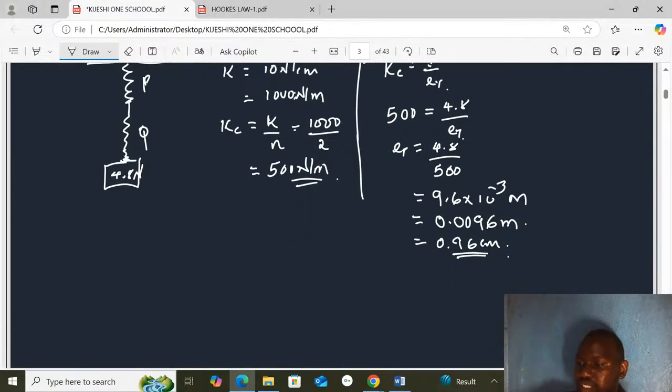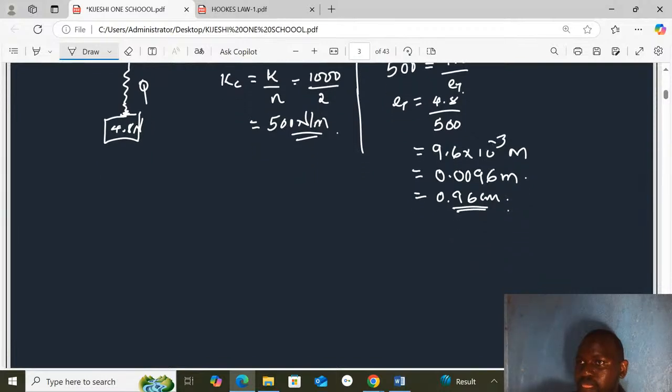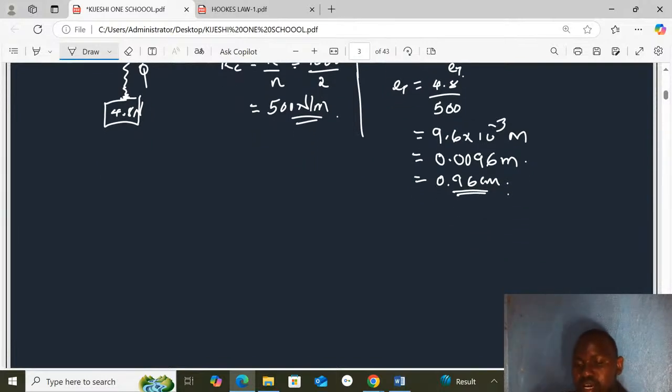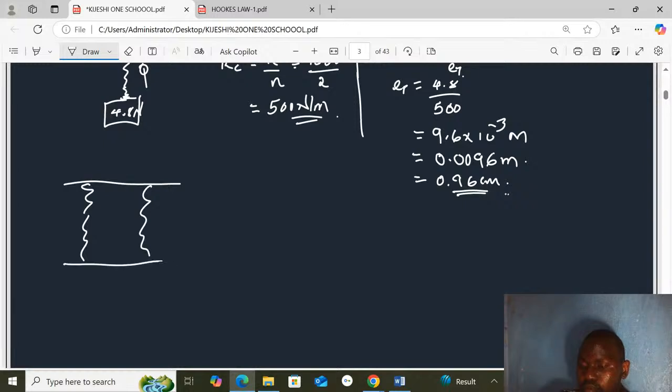Our second arrangement is when they are in parallel connection. Therefore, in this case, our combined spring constant will be the same as n times the spring constant of one spring.